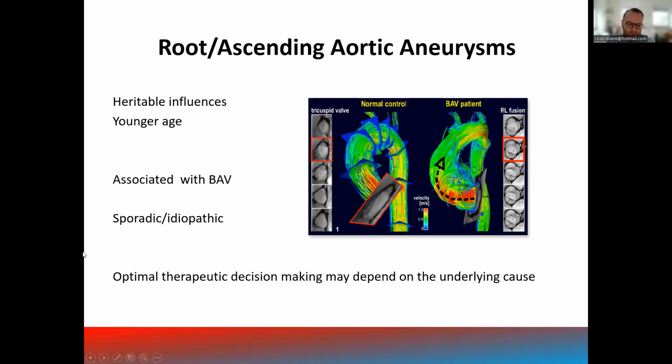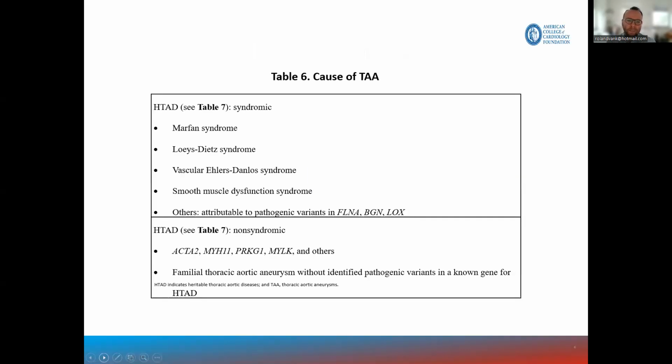Furthermore, there can be sporadic or idiopathic forms, and optimal therapeutic decision-making may depend on the underlying cause. So it's important to further investigate why a patient or a family has a thoracic aortic aneurysm.